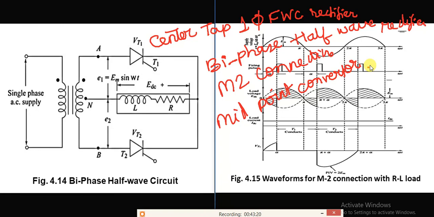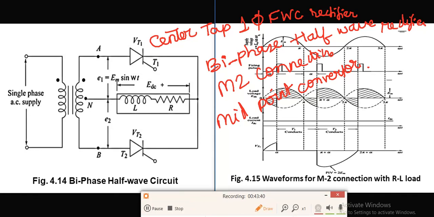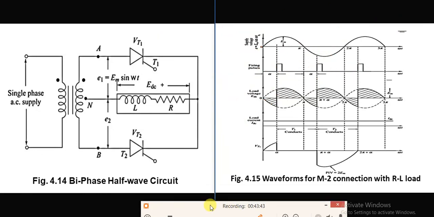So these are the different names of the same circuit: center tap single phase full wave control rectifier, biphase half wave rectifier, M2 connections or midpoint converters. This is all about the biphase half wave circuit and its waveform. This is all about the working of the single phase center tap full wave control rectifier for inductive load.